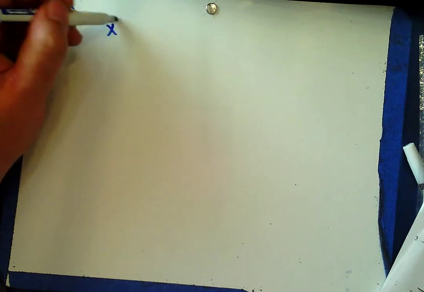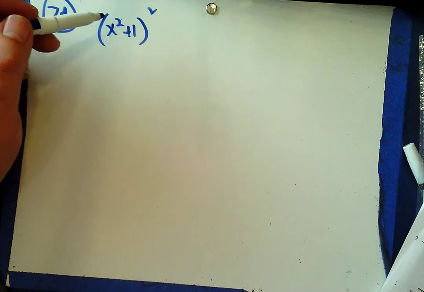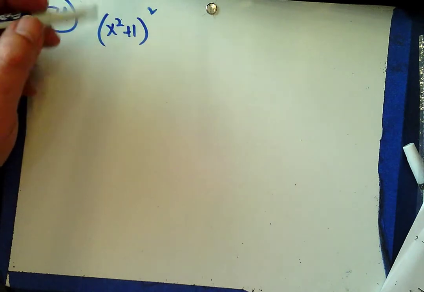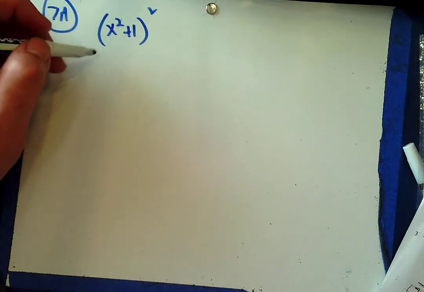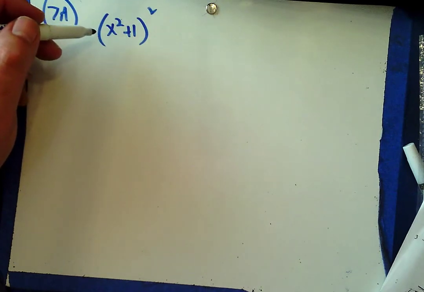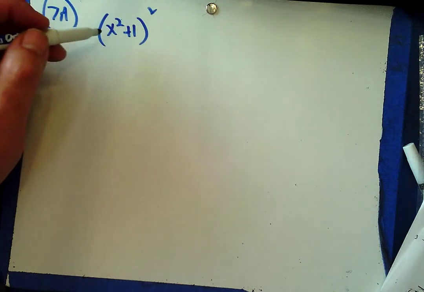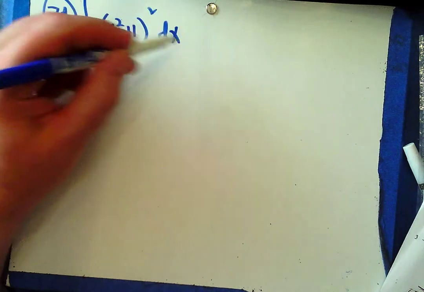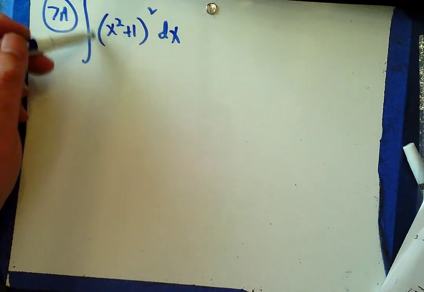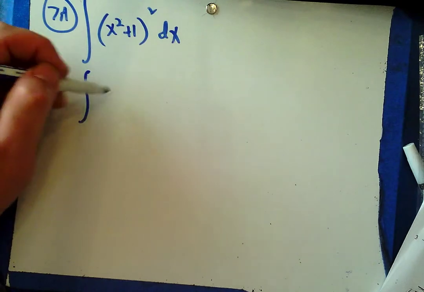Number 7a. Antiderivative of x squared plus 1 squared is what? Okay, so the antiderivative of this. I think the easiest way for me to do this, since I don't have an x out in front to do a u sub with, would actually just be to FOIL this out.